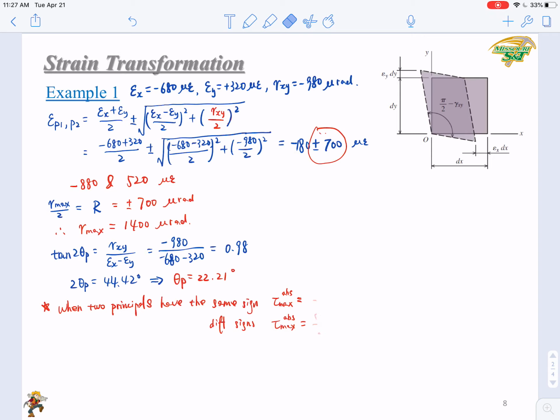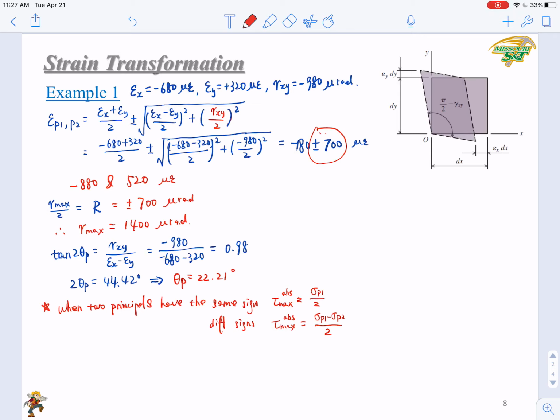When they have the same sign, it should be sigma p1 over 2. When they have different signs, we have sigma p1 minus sigma p2 over 2. Since our two principal strains have different signs, we should use the second equation.